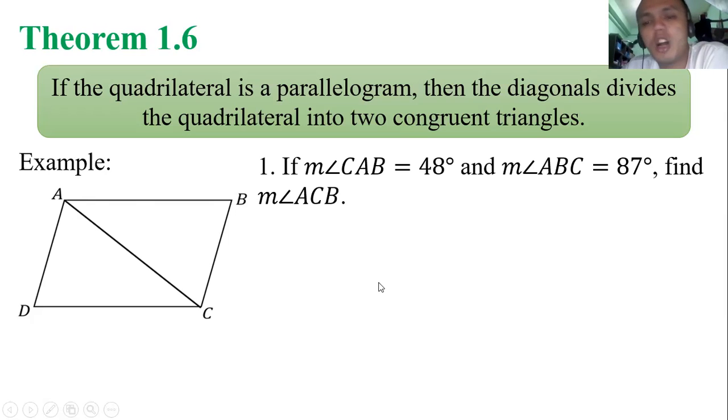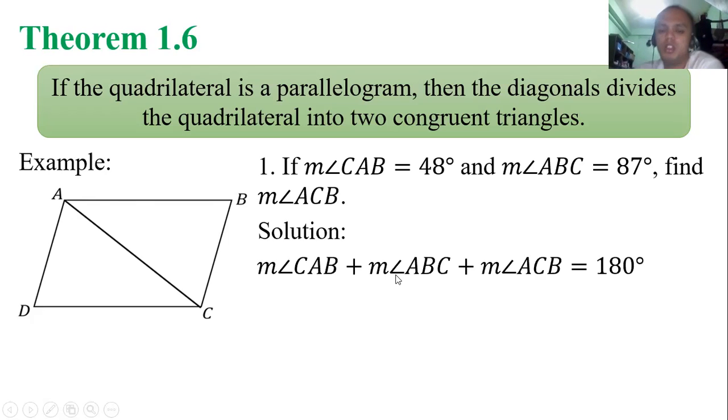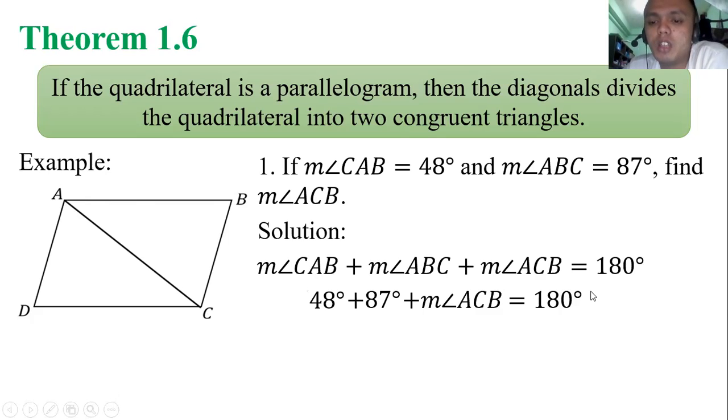Okay? So since we formed a triangle here, we need to use this formula, the angle addition postulate, or the sum of the interior angles of a triangle. CAB is 48, ABC is 87, ACB is unknown, equal to 180 degrees, because this is the sum of the angles of the triangle.